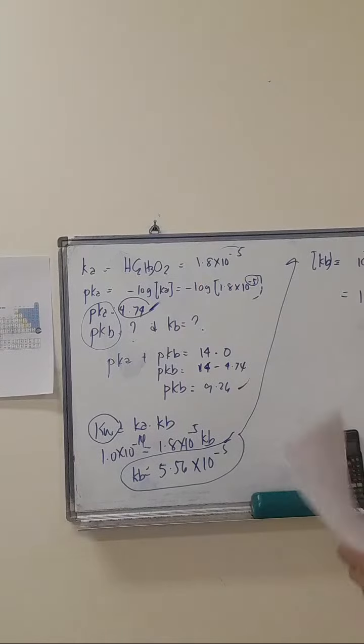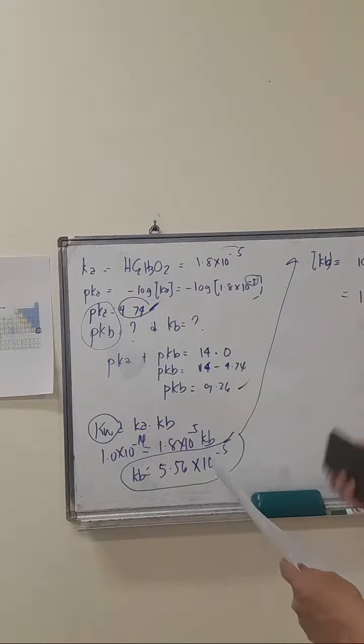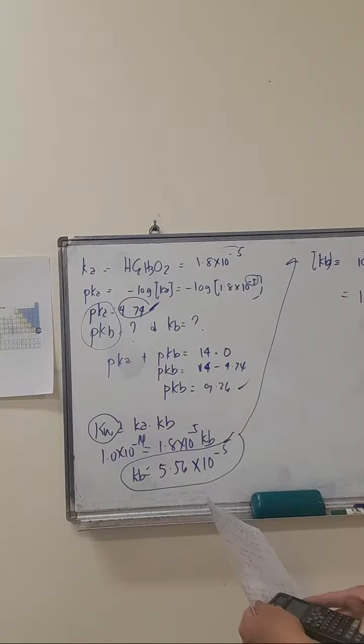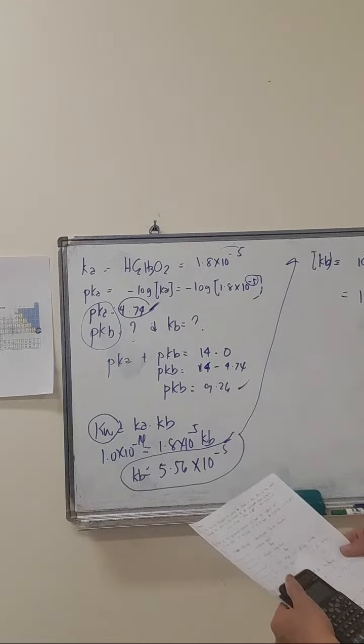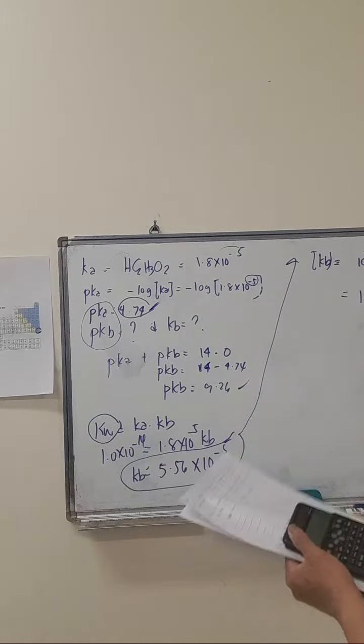So 10 to the negative 4.74 gives 1.82 times 10 to the negative 5.